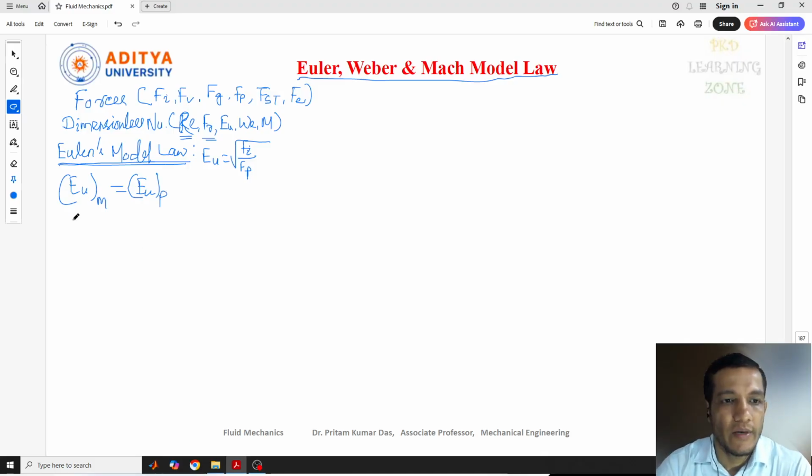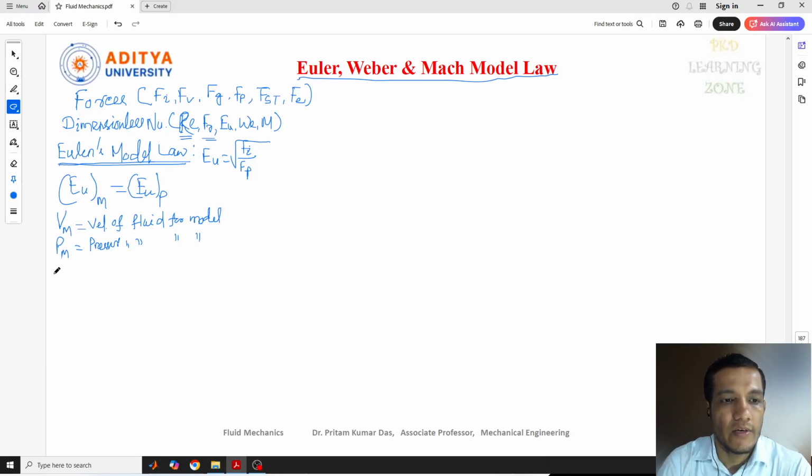What are the parameters to be considered? As we have seen previously, we require some fluid parameters. First, velocity: here I can write Vm, the velocity of the fluid for the model. Similarly, because pressure impact is there, I need to consider Pm, the pressure of the fluid for the model.